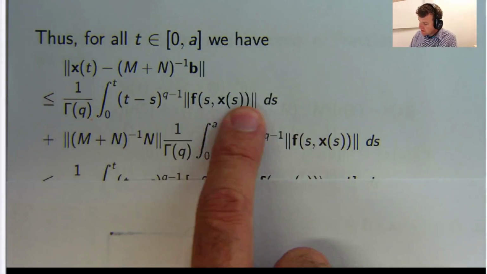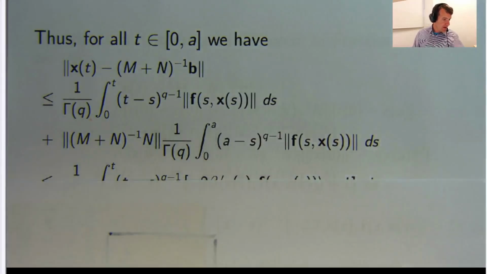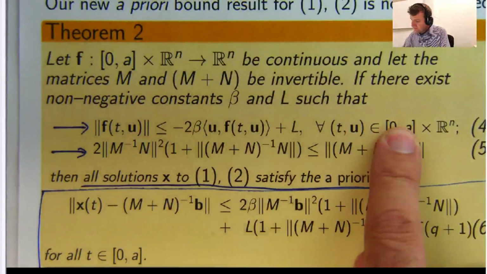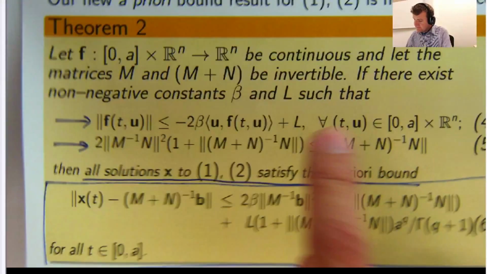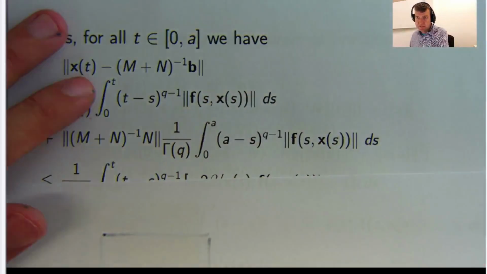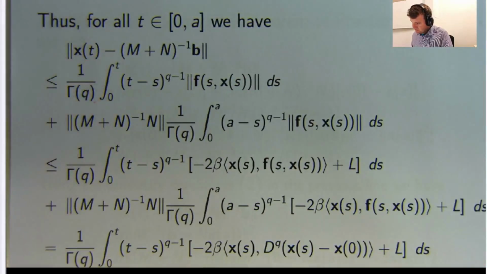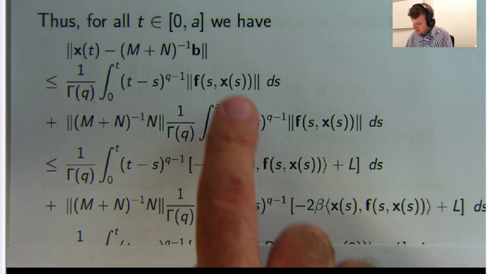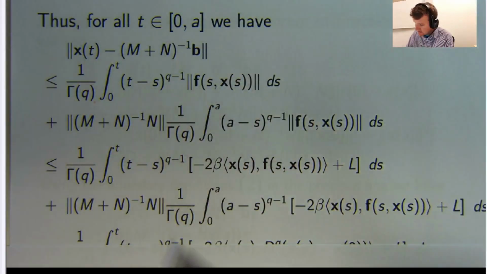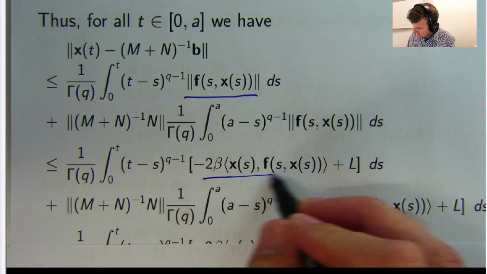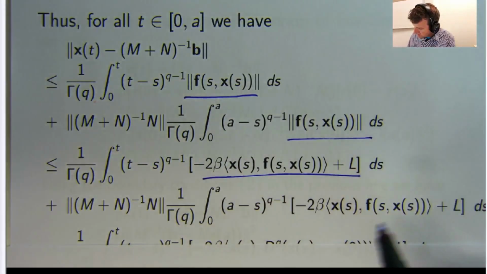Now I can replace this and this with the assumption in our theorem that is inequality 4. So I'm going to replace these things with that. Okay, so that and that are going to get replaced. It's a bit of a mess now, but I've replaced there and there, and this has gone to there.